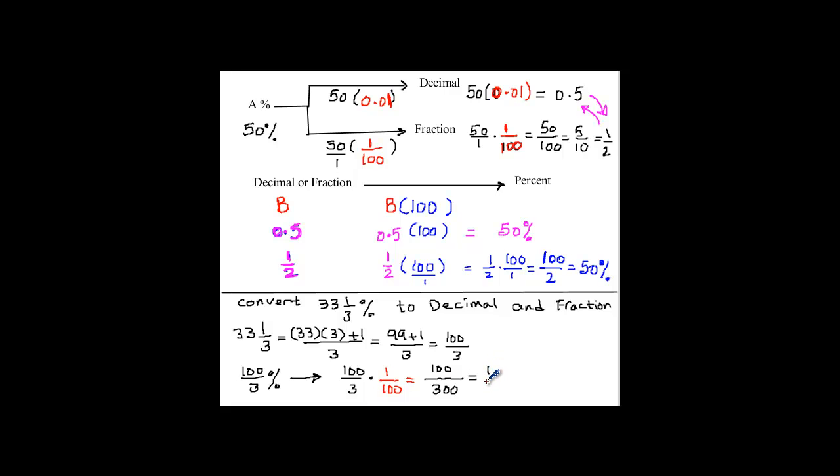Which is equal to 1/3. Right, you could also look at it here, before you multiply these, you could reduce 100 and 100, and you see it's 1/3. So if I tell you that you can have 1/3 of my pizza, you know exactly what I'm talking about, right? But if I tell you that you can have 33 and 1/3% of my pizza, it's a little difficult to picture. So that is the same as 1/3.